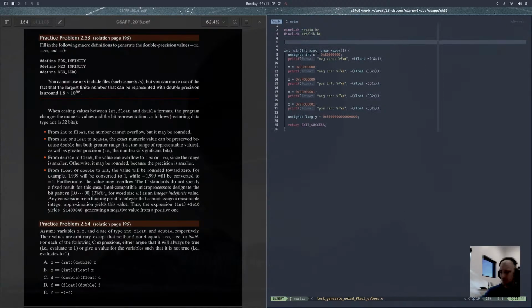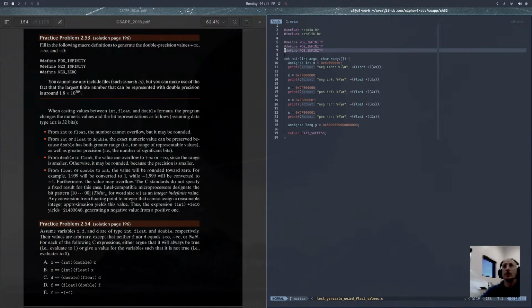Okay, we'll do a pound define. Pound define positive infinity. And then we got negative infinity, neg, and negative 0. So negative 0, I can just define these here, right?